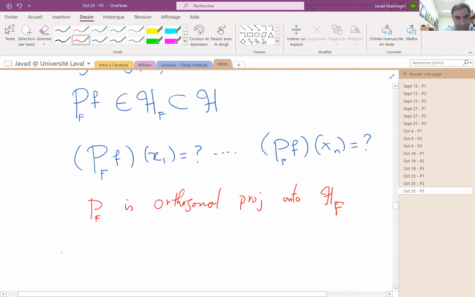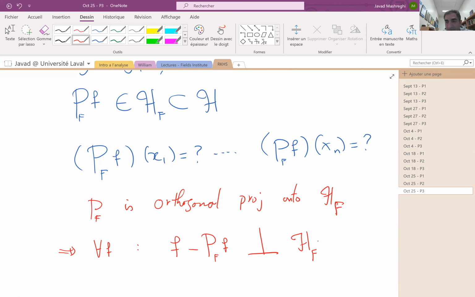Therefore, for any F, F minus its projection is orthogonal to this space. When you project orthogonally onto a subspace, the difference between F and its projection is orthogonal to that subspace.